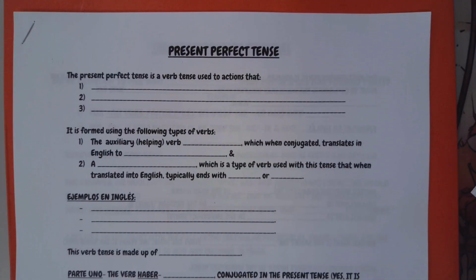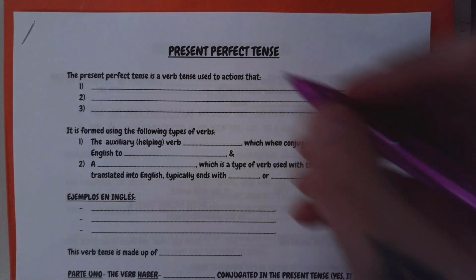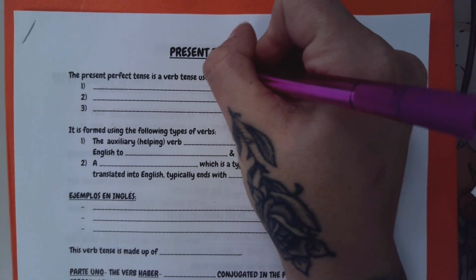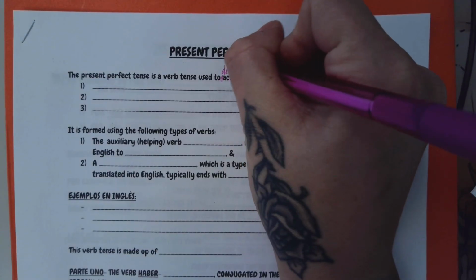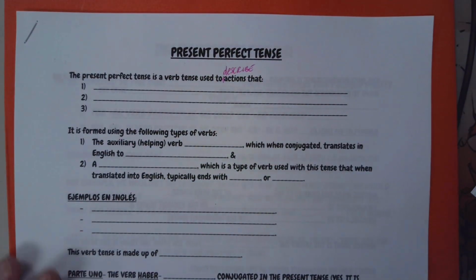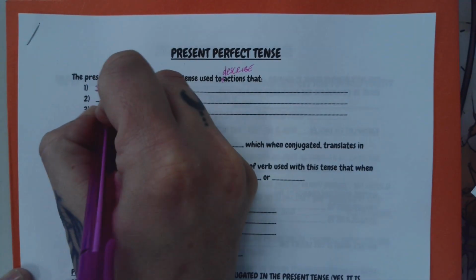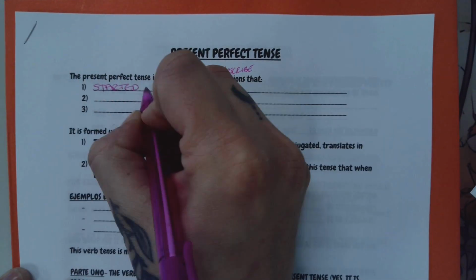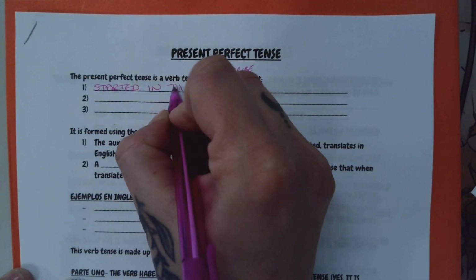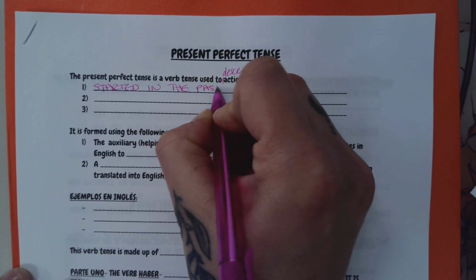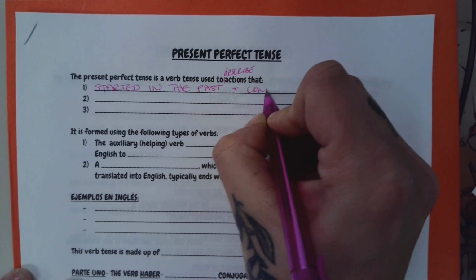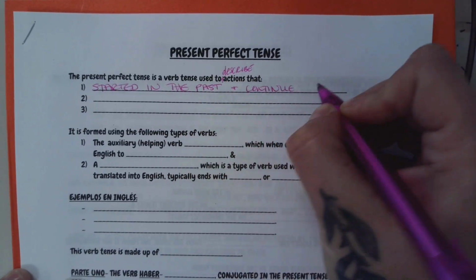This is a verb tense that exists in language. Let's jump right in. So the present perfect tense is a verb tense that is used to describe actions that started in the past and continue into the present.